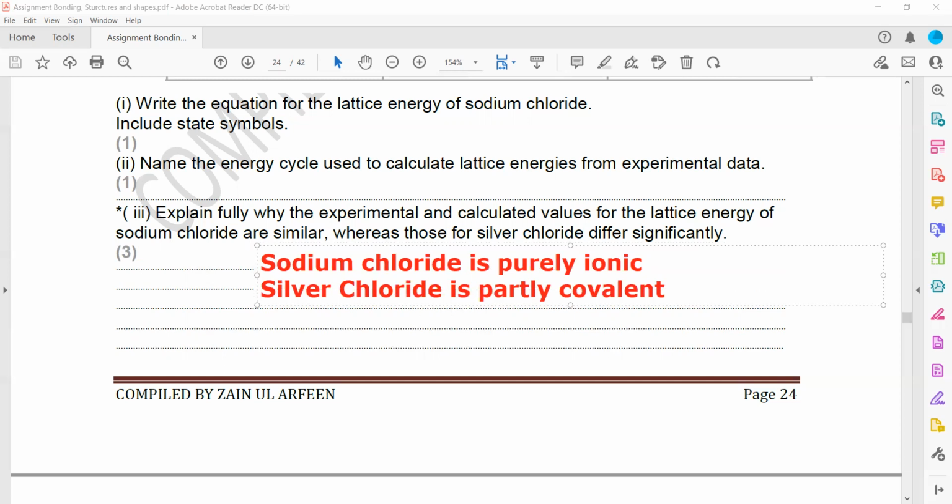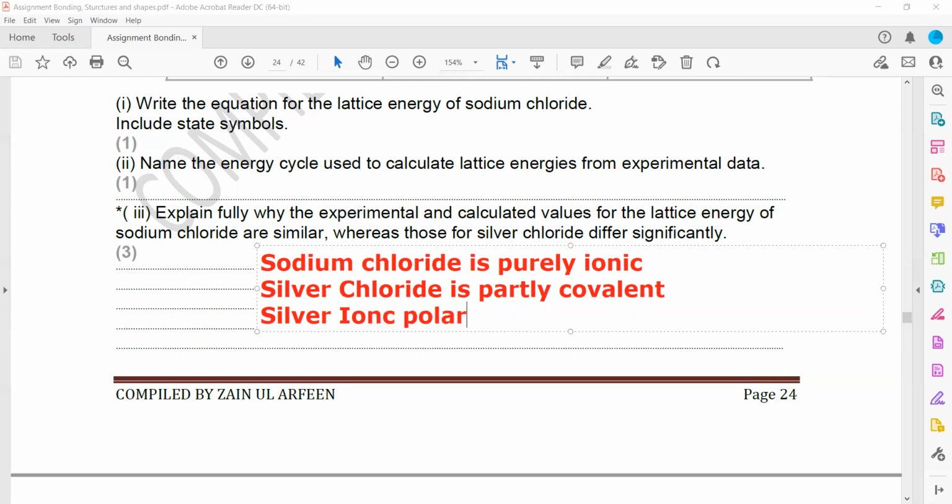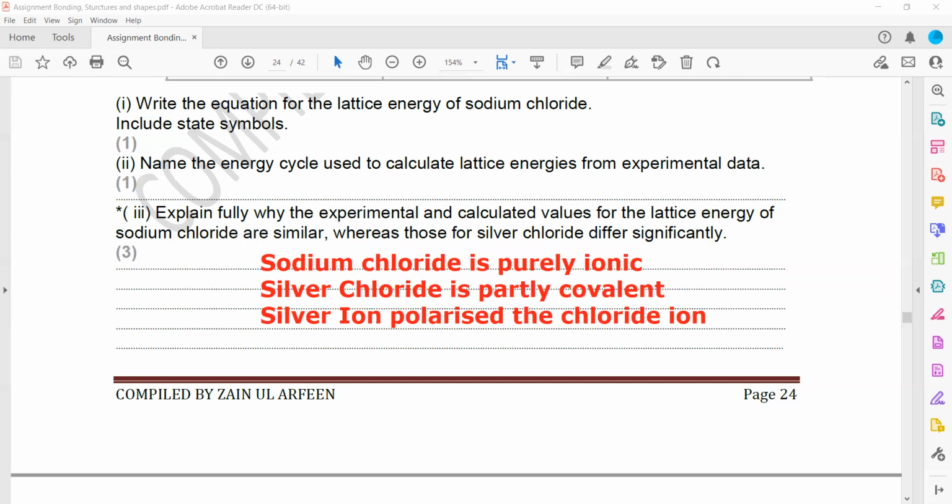Because the silver ion polarizes the chloride ion. Due to this polarization, the distance between the two ions will decrease, so they will become like a covalent bond, like a sharing of electrons.